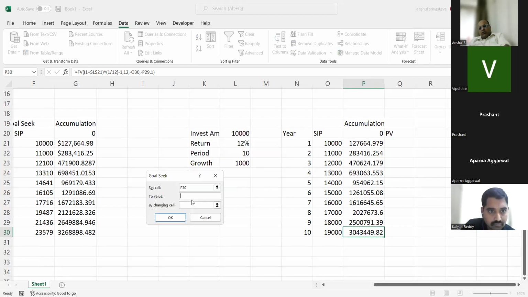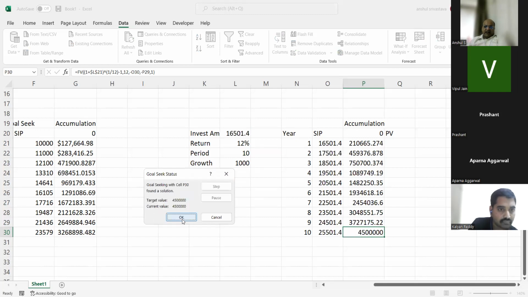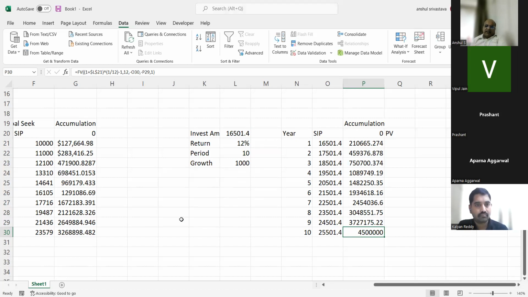45 lakhs. 1, 2, 3, 4, 5. By changing cell, by changing the initial investment amount. So the initial investment amount is 10,000 and I do that and say this. Instead of 10,000, the initial investment amount has to be 16,501.